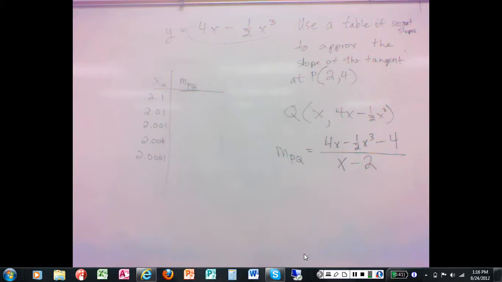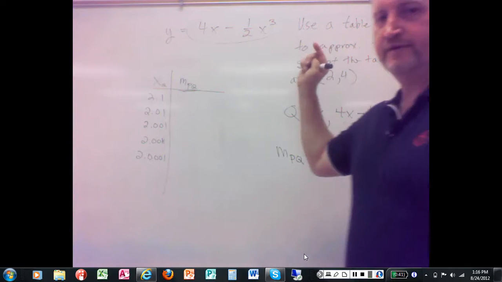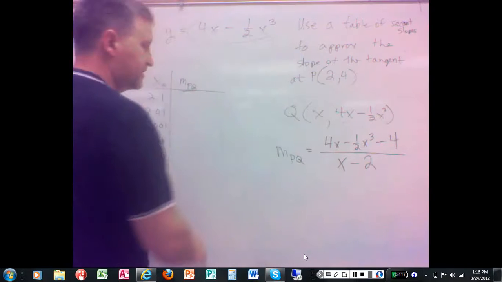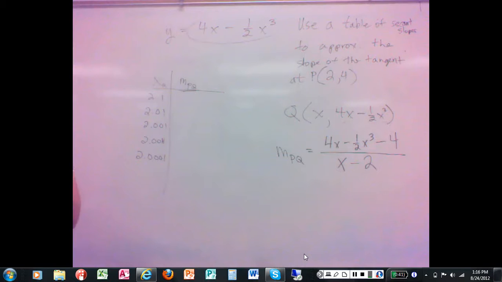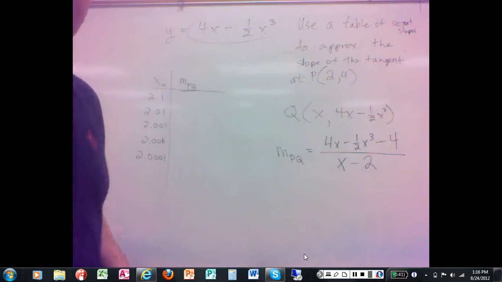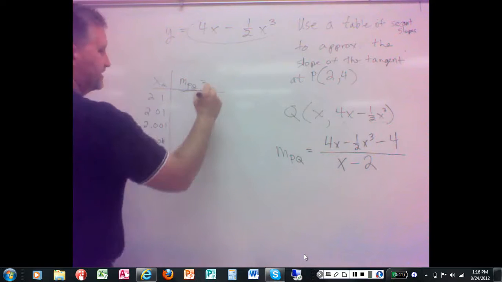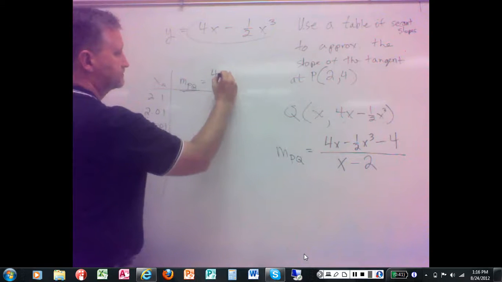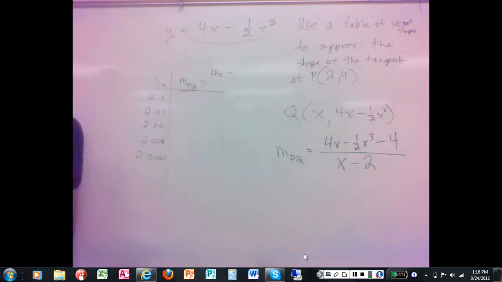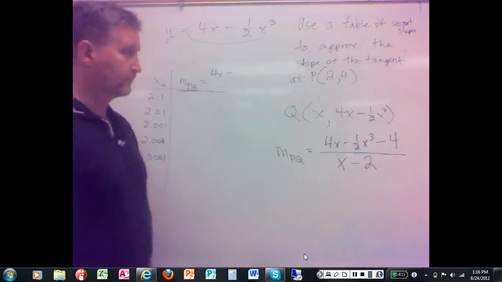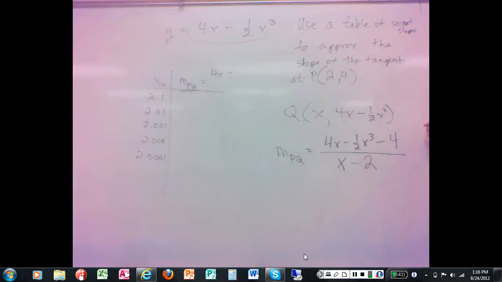And so that's going to be the Mpq, the value I'm going to place on my table. Remember, you always do y2 minus y1 over x2 minus x1. It's using the slope formula. So this is y2, that's y1, that's x2.